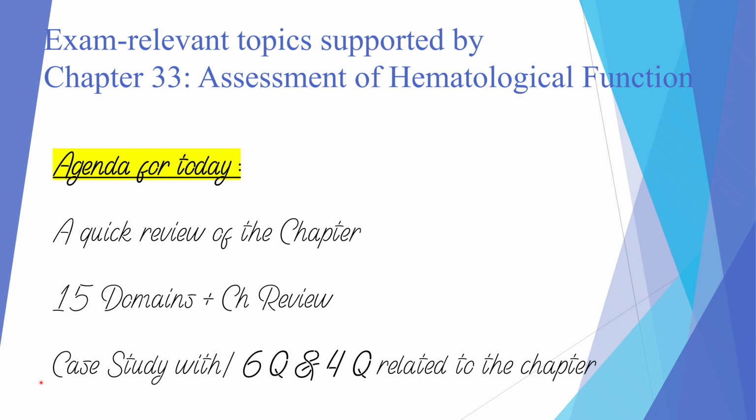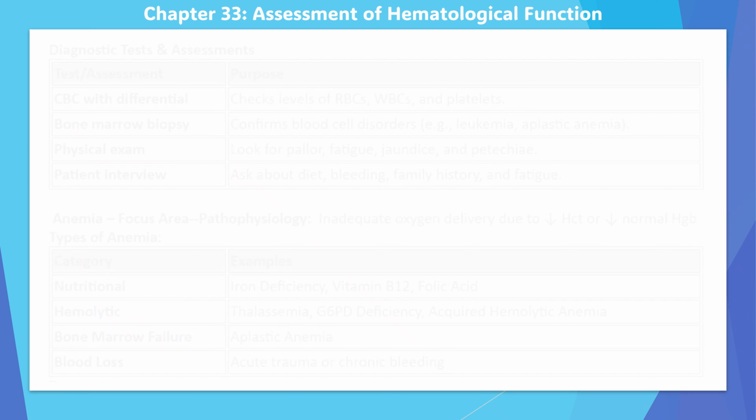And this case study: I have a case study with 6 questions, 4 related to the chapter. I don't have 15 questions. Usually I have 15 questions, but this chapter doesn't really need 100 questions to know. It's mostly labs you need to know related to this chapter. So we go next.